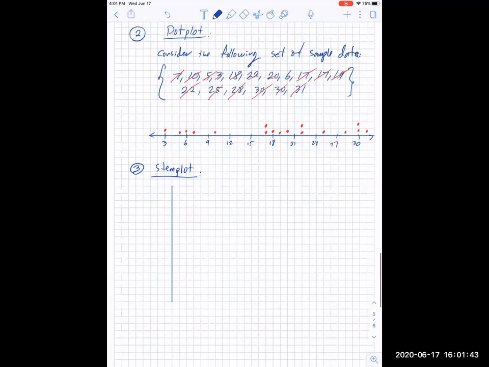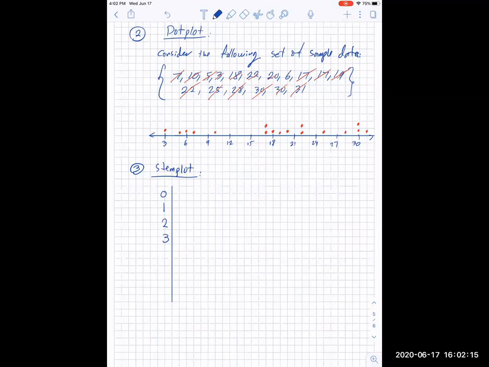And guys, look at the data values that we have, 7, 10, 5, 3. Some of them are single digits. Some of them are in the teens, 18, 17, 17. Some of them are in the 20s, and some of them are in the 30s. So on the left side of this line, I'm gonna put the stem digits 0, 1, 2, 3.